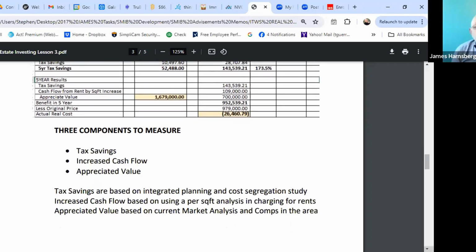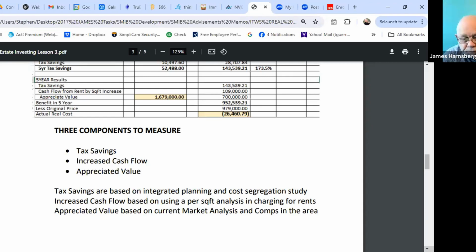So the three components that we want to measure in setting up our plan are the tax savings, the increased cash flow using a rent survey square foot analysis model, not rent comps. If you do rent comps, you're going to lose money. You're just going to lose money faster than the guy down the street or the gal across the road. And you want to measure your appreciated value, your market comp value, based on not only market comps, but your cap rate on your rent surveys, which we'll get into in lesson 4 next week in case study number 2.